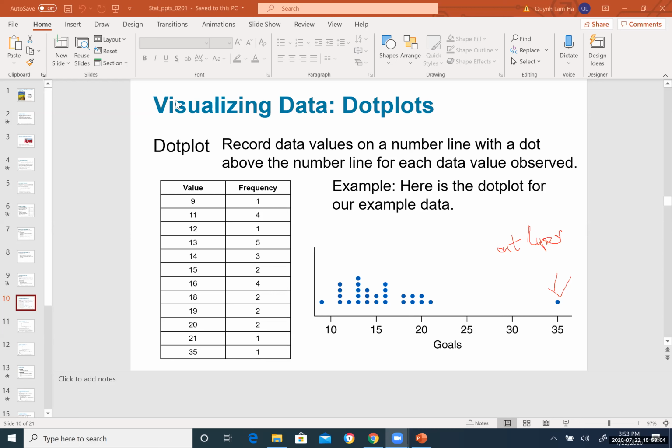So usually some people cut off that outlier so that they can estimate better. However, right now we are learning how to read it only, so we don't have to worry about this outlier.